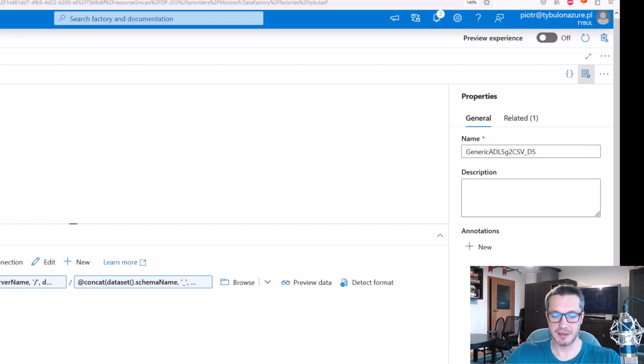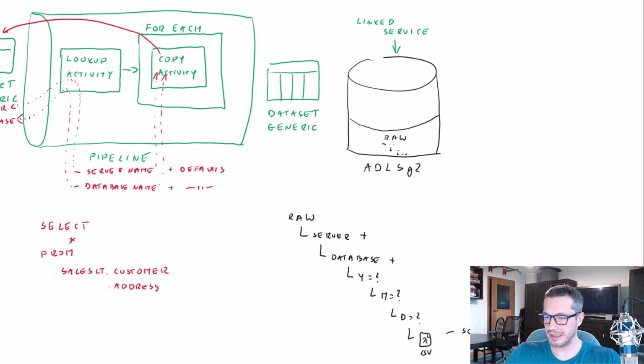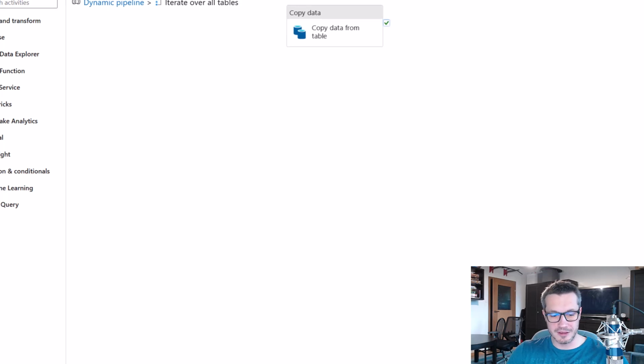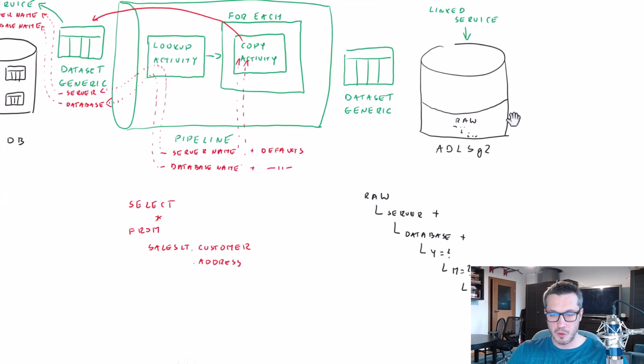But what we are missing is actually passing those values to a dataset. What we did so far was to create 4 parameters at the dataset level. So like so. And we have those server name, database name, and table name and schema name. And obviously we have to set their values.